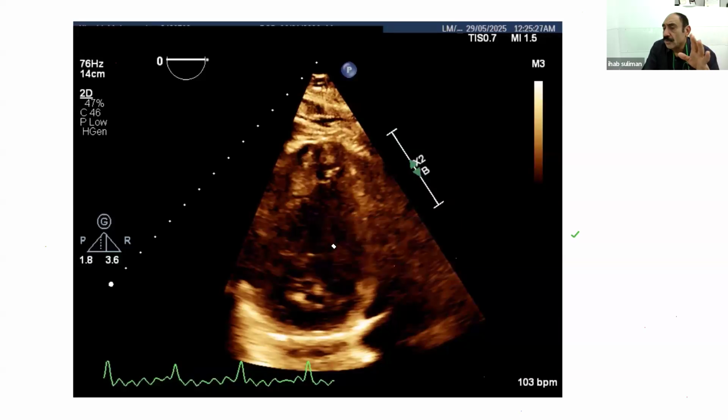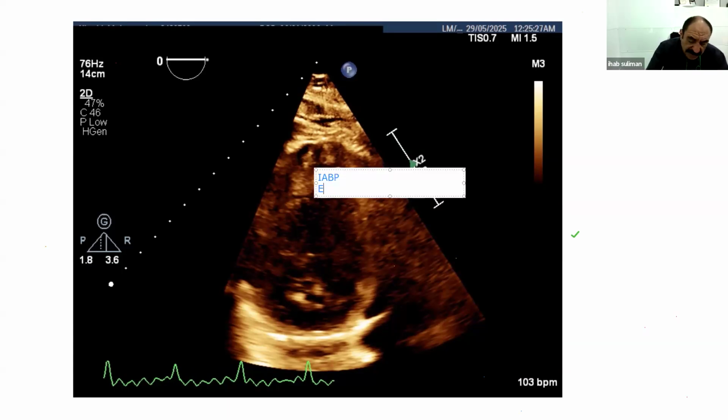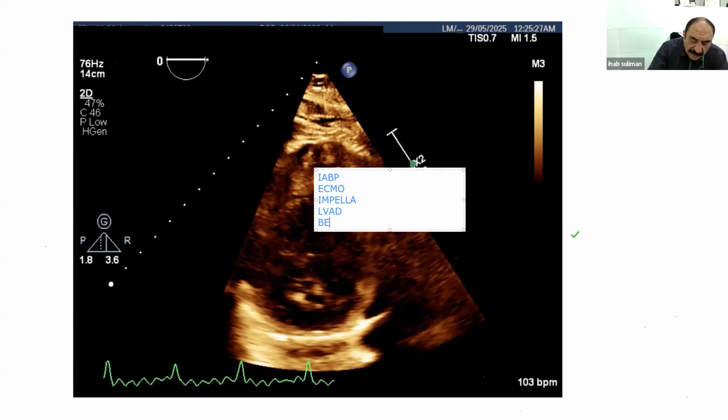So remember to utilize your mechanical circulatory support teams and surgeon and equipment. What else can you attach him to? You can attach him to an intra-aortic balloon pump. You can attach him to ECMO. You can attach him to what is called Impella, and you can attach him to an LVAD, left ventricular assist device, or what is called now Berlin Heart, an artificial heart.